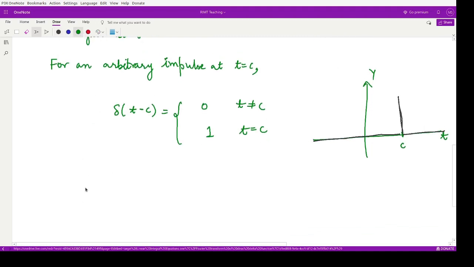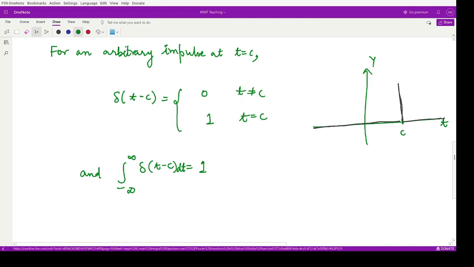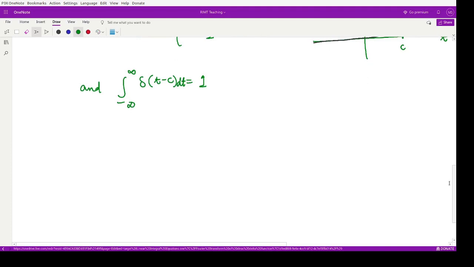Moreover, if you take the total area of this impulse from minus infinity to infinity, it is going to be equal to 1. Why? Because at all other points we have 0, but at only one point its value is equal to 1. So when you add up 0, 0, 0, 0, 0, 0 and 1, you will have the value as 1. So this is about the Dirac-delta function.